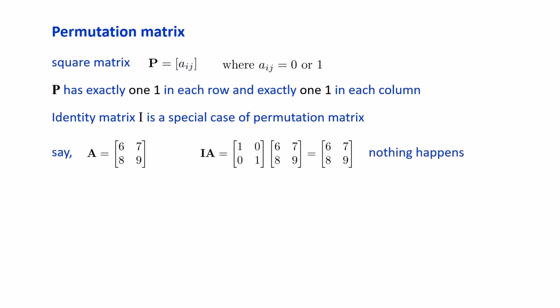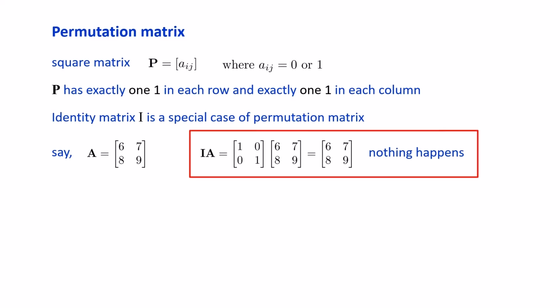It is interesting to see what a permutation matrix does. To start with, we can see what an identity matrix does. When I matrix is multiplied with another matrix A, we find that the product is still matrix A. So the multiplication with I matrix does not make any difference at all.